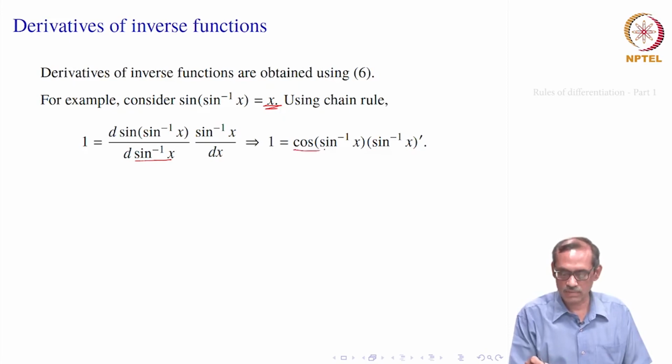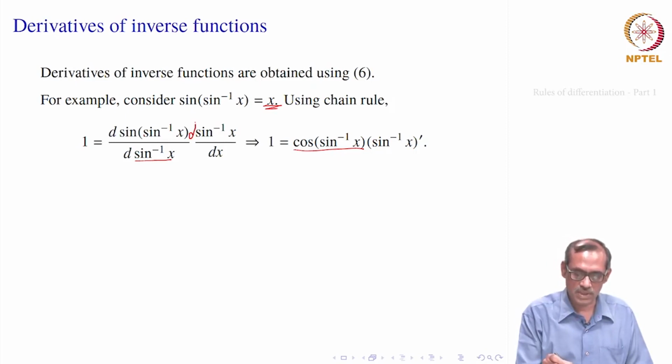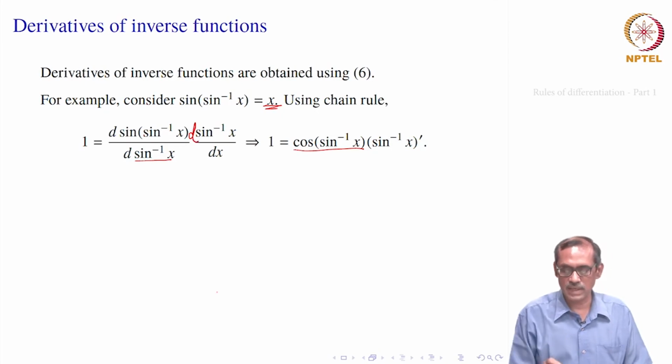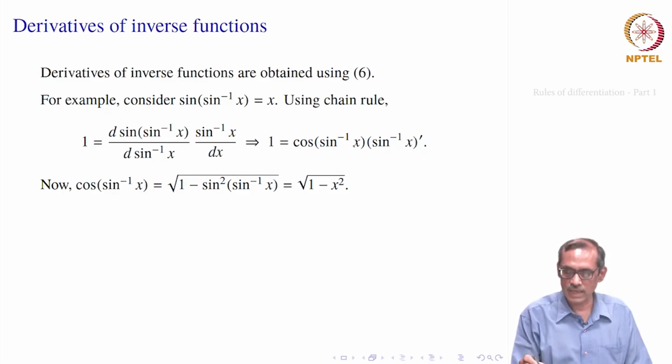So, that gives cosine of sin inverse x, and of course, we want to find out sin inverse x, it is really derivative, d of sin inverse x by dx. So, that is your sin inverse x prime. Now, this gives sin inverse prime or derivative equal to cos of sin inverse x reciprocal.